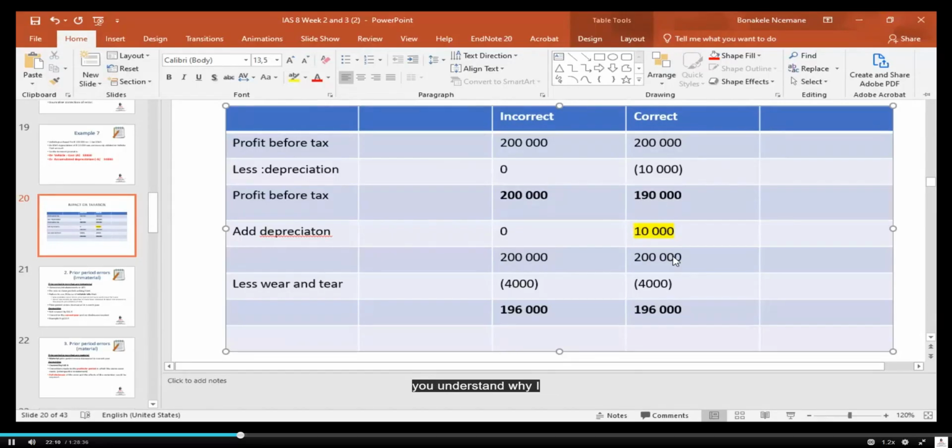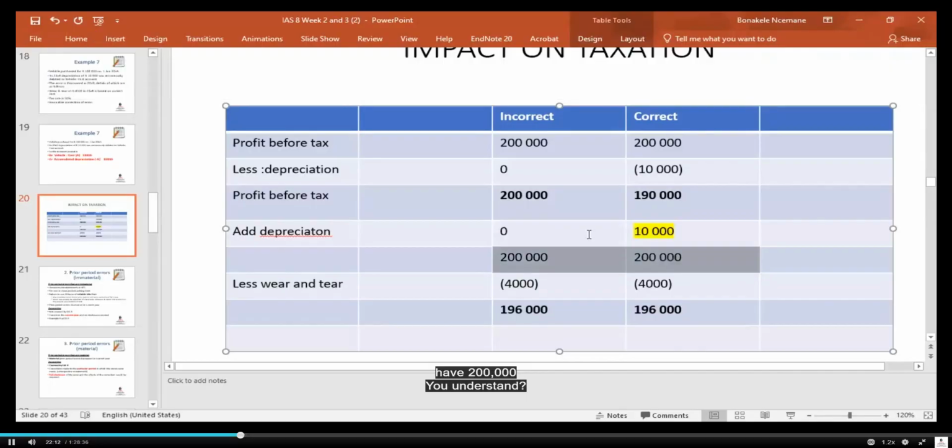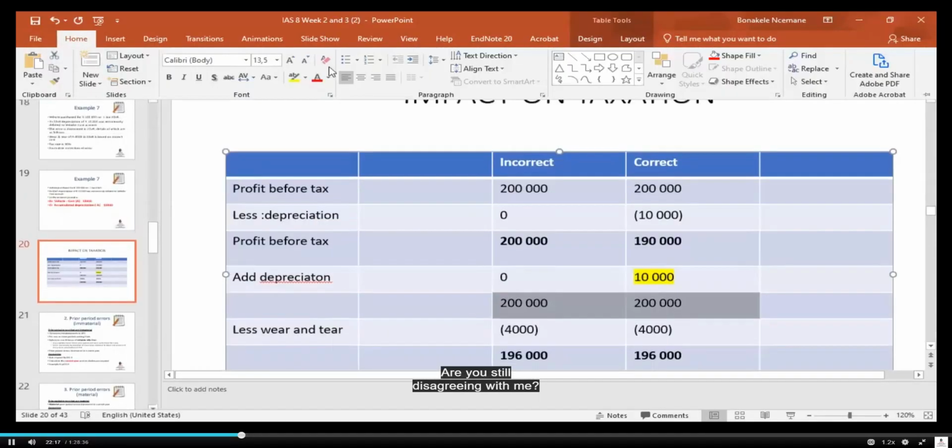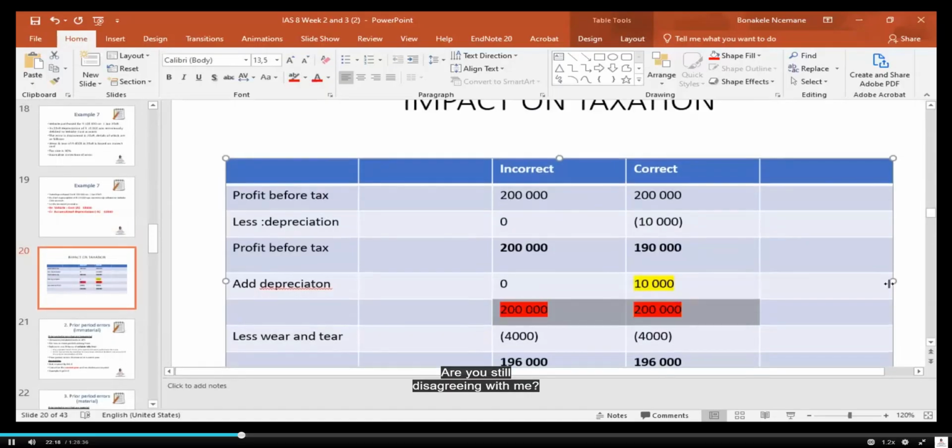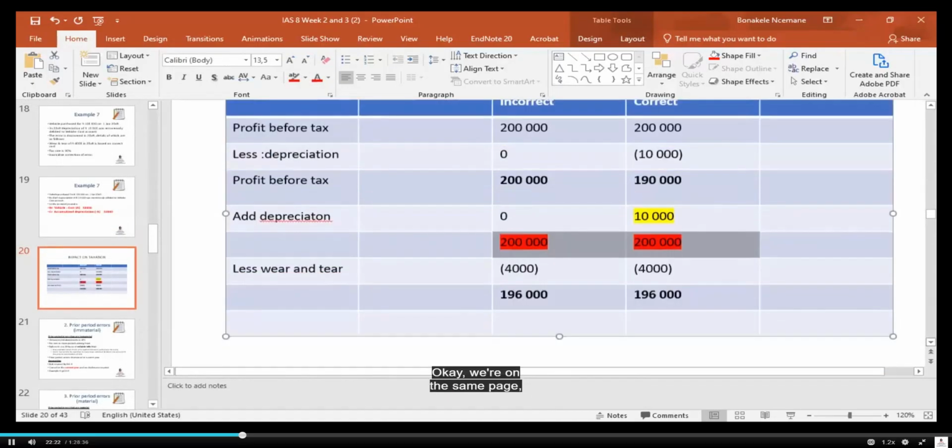Do you understand why I have 200,000 here? I understand now. Okay, we're on the same page. But here, on the incorrect side, we're just indicating what had occurred. What had occurred on the incorrect side is that they did not take into account the effect of the depreciation correctly.